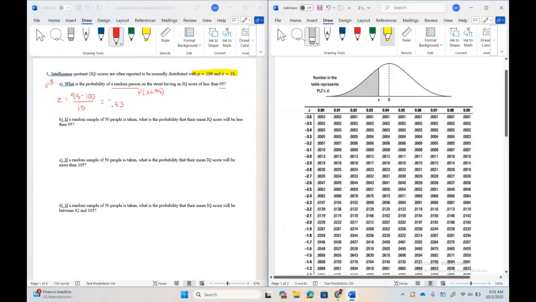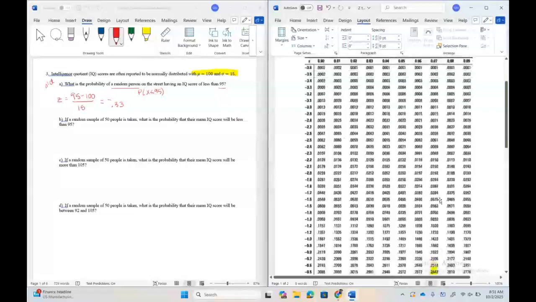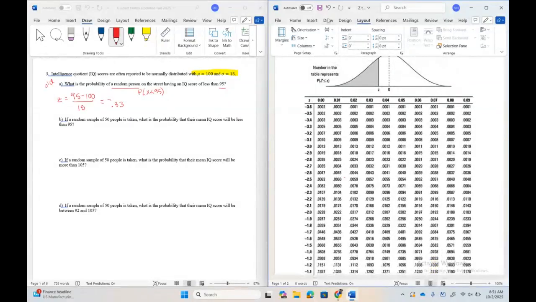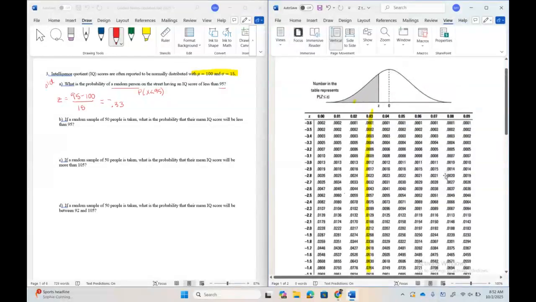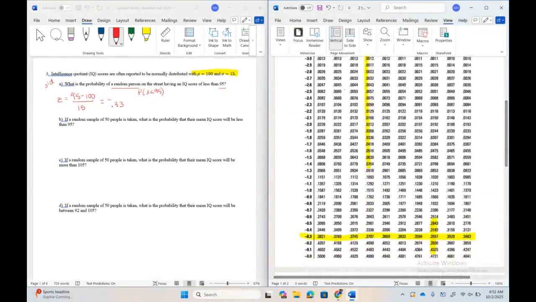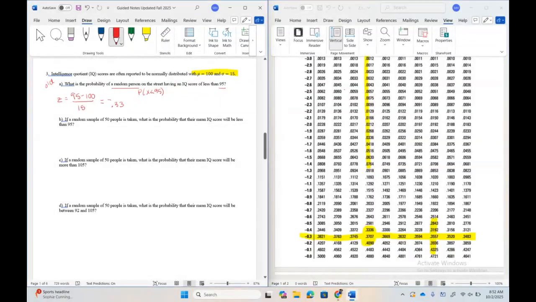So we're over here, I'm looking for a negative 0.33. So it looks like I'm at 0.3707.